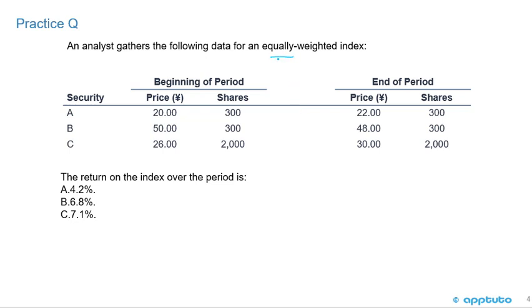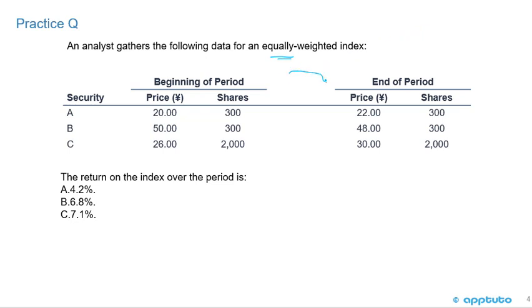So let's just do a quick practice question here. An analyst gathers the following data for an equally weighted index. We've got 3 securities, A, B, C. We've got the beginning of period price and the number of shares. So for A, beginning period price 20 yen, 300 shares. B, 50 yen and 300 shares. And C, 26 yen and 2,000 shares.